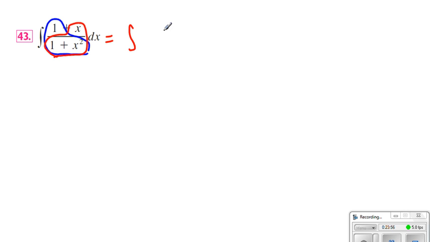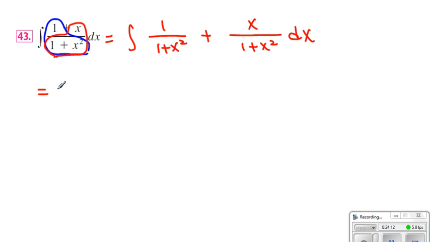So here we have 1 over 1 plus x squared plus x over 1 plus x squared dx. Then of course this becomes arctangent of x. Now to do this one, what's going to be happening is this.